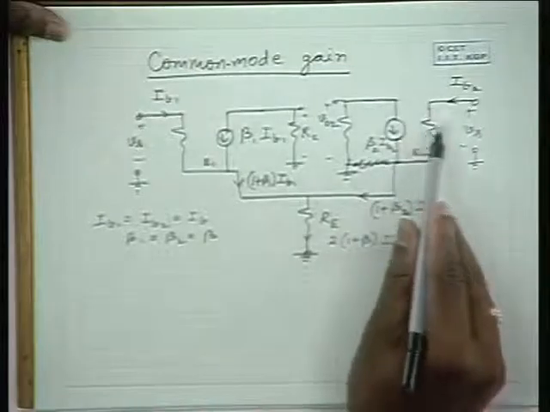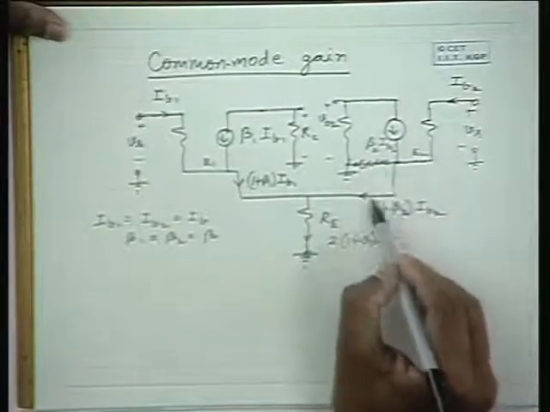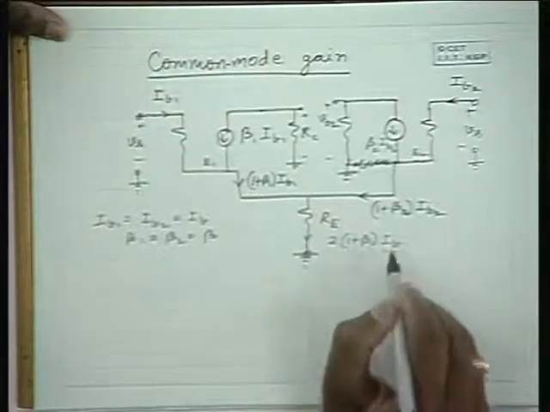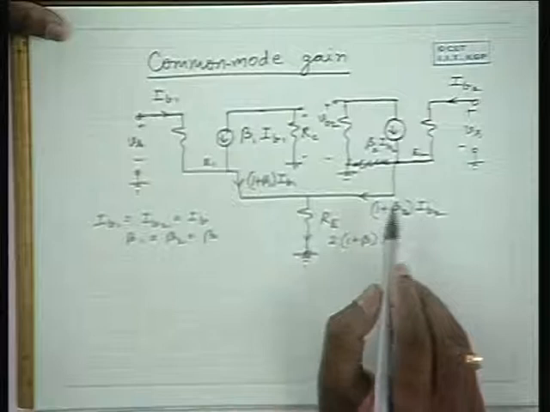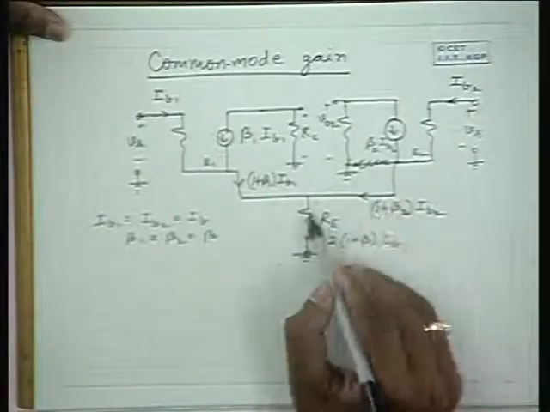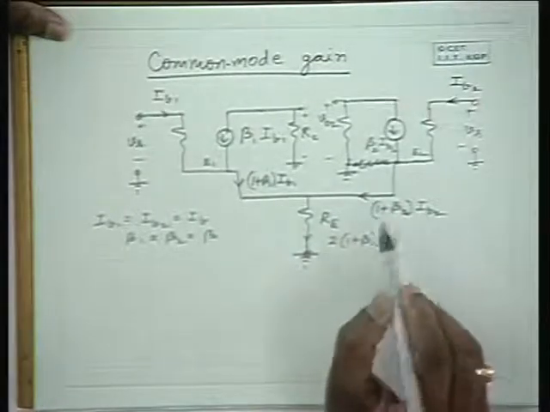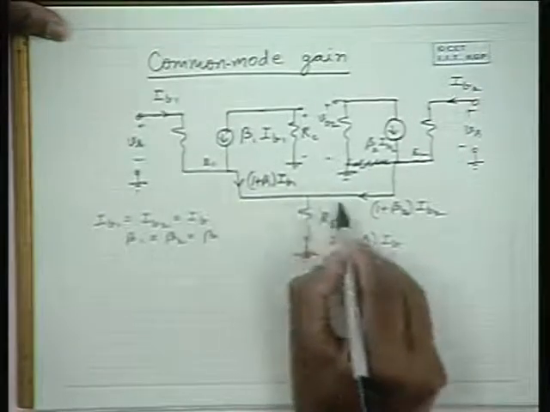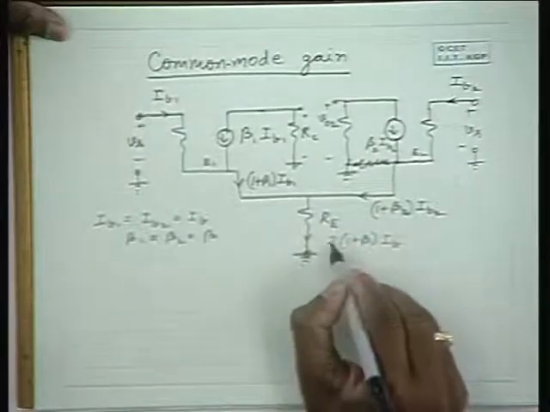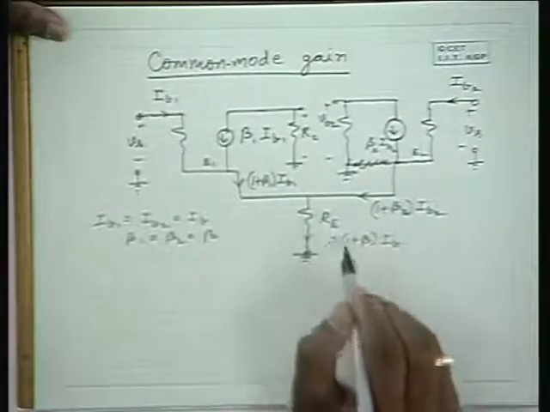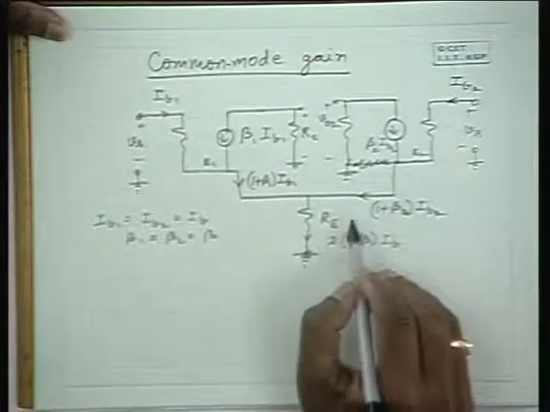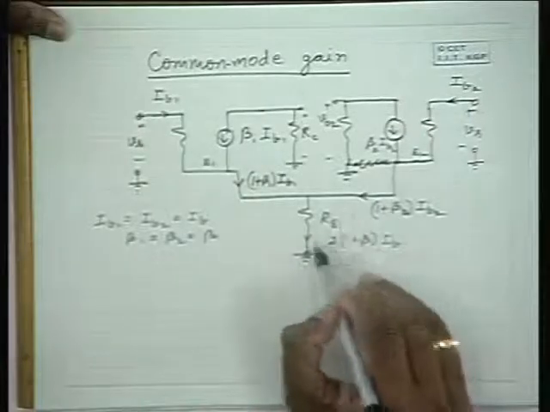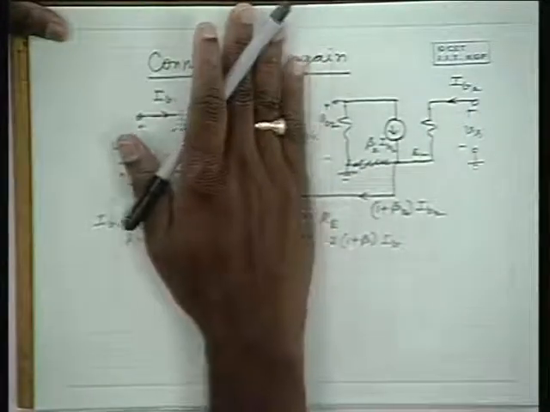The actual current is 2 into 1 plus beta into IB, so the voltage drop here is equal to 2 into 1 plus beta into IB into RE. And if you want the same voltage drop to be shown with the current 1 plus beta into IB itself, it is possible when this RE is equal to 2 RE and this stage is remote.